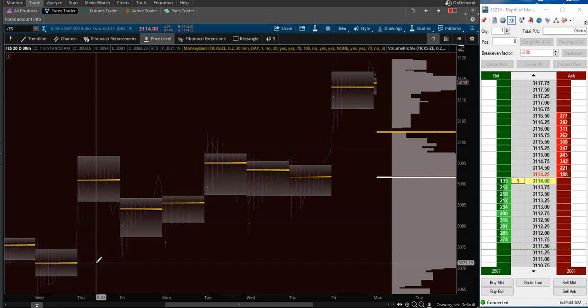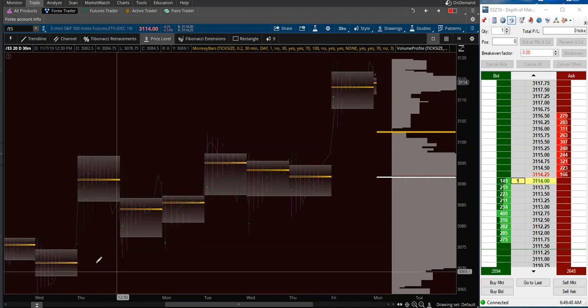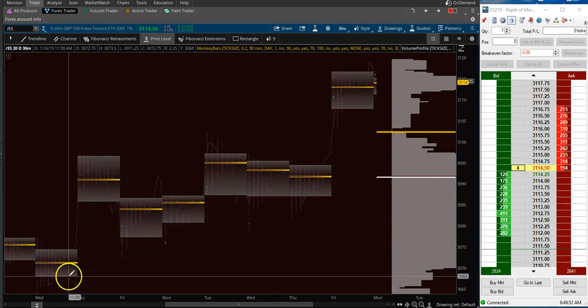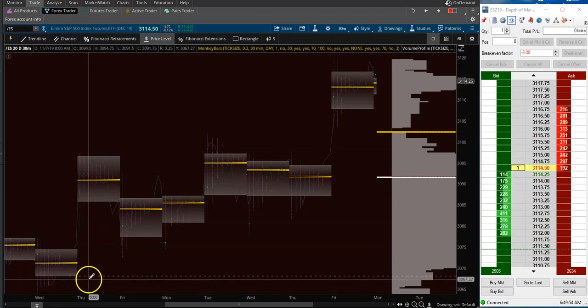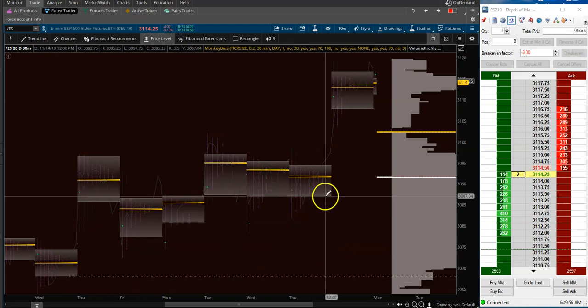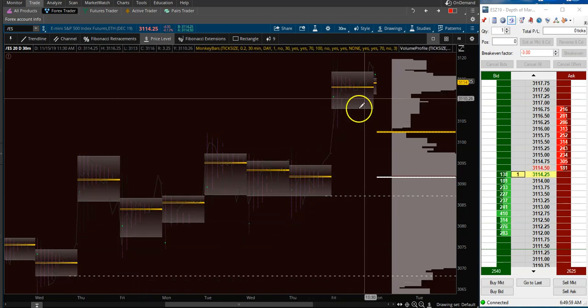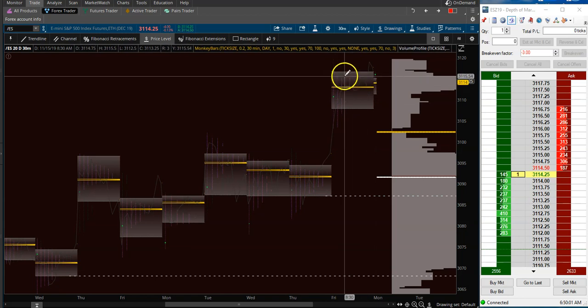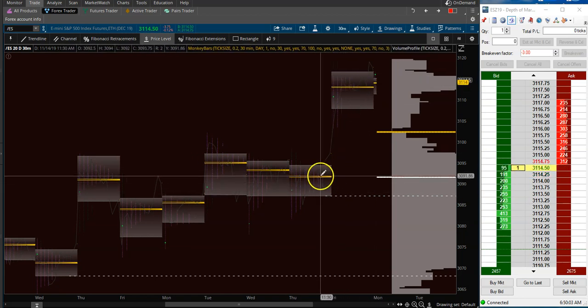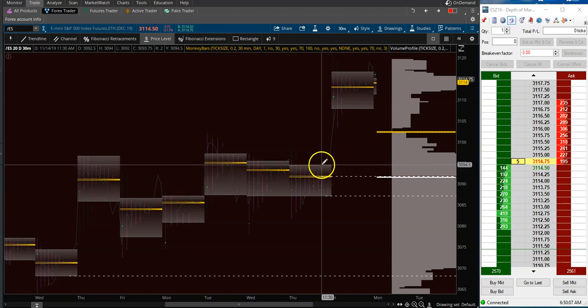Anything within like a point or so, a point and a half, I'm not going to mark it, or I'll mark it as done. But this value area low has not been touched, so I would start to mark that. I would mark this value area low because this price action has not come down, and I'll also mark the point of control and value area high.